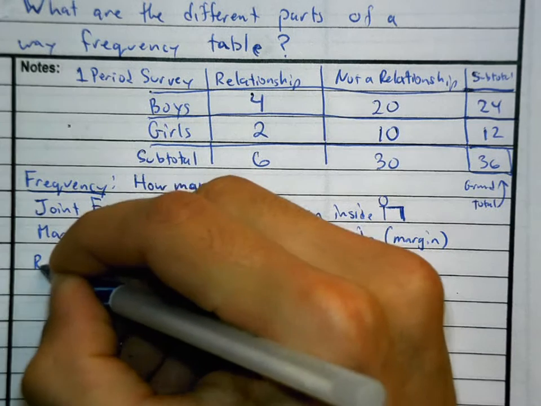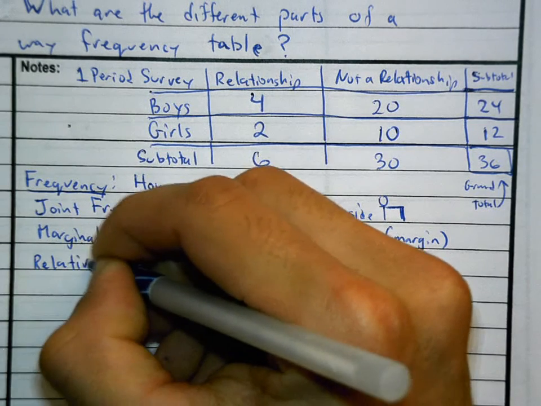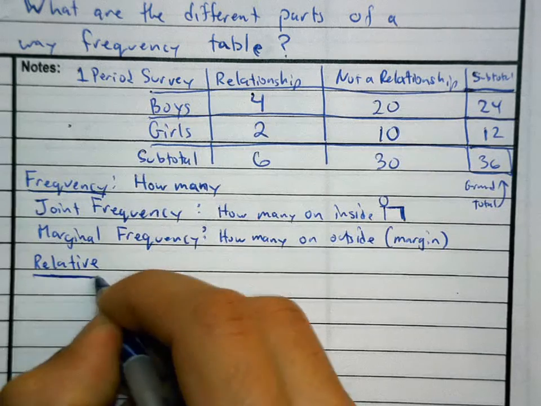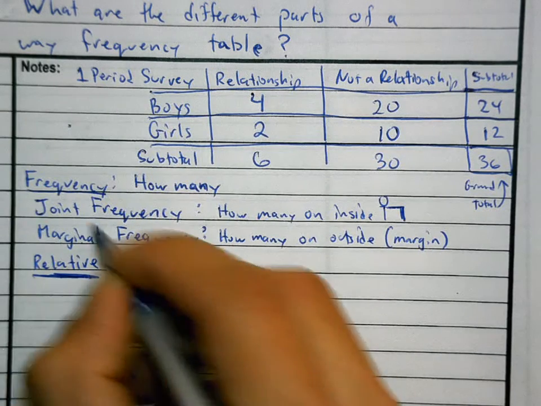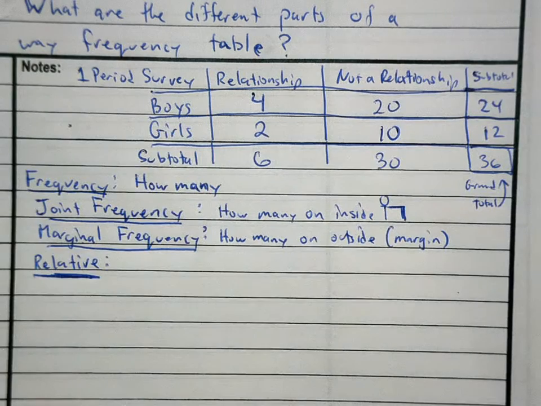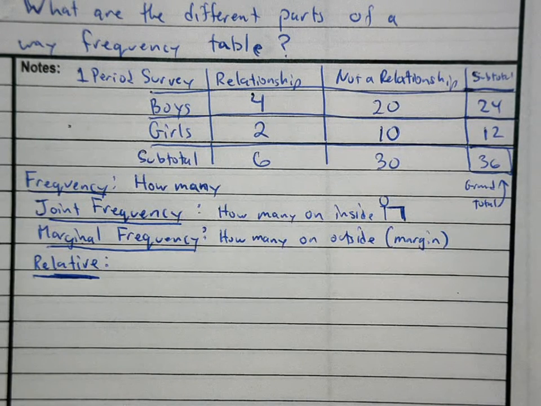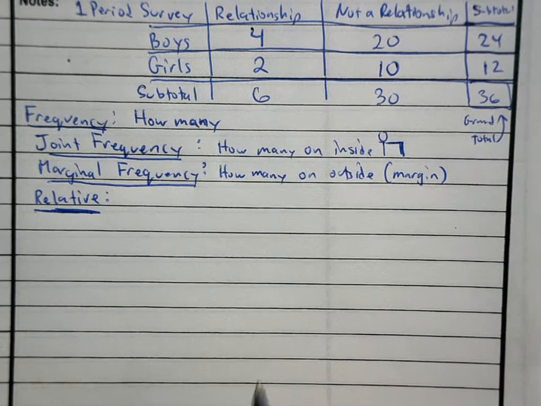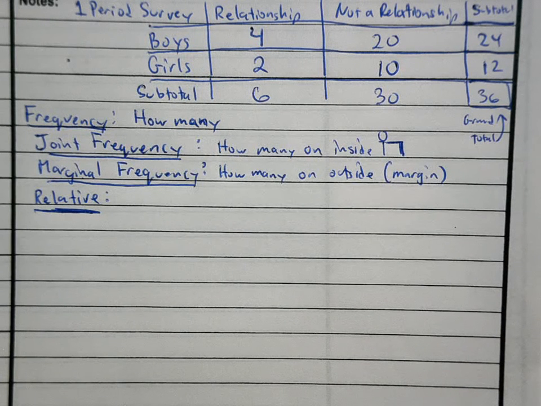relative. Joint frequency, marginal frequency, now relative. When you see the word relative, it is just like, I hate to tell you this, when you grow up someday and you go off to college and you come back, your relatives do stuff to you all the time.